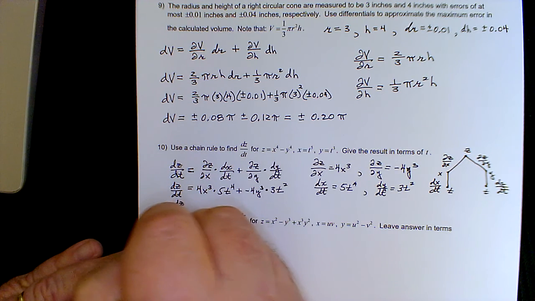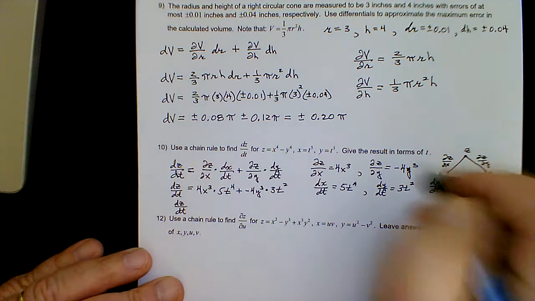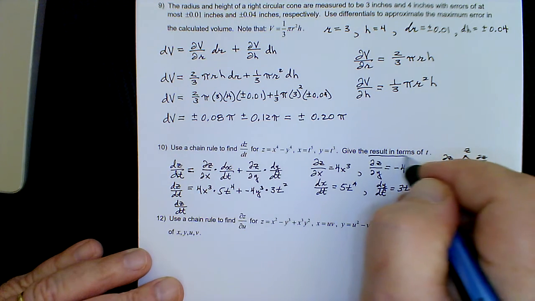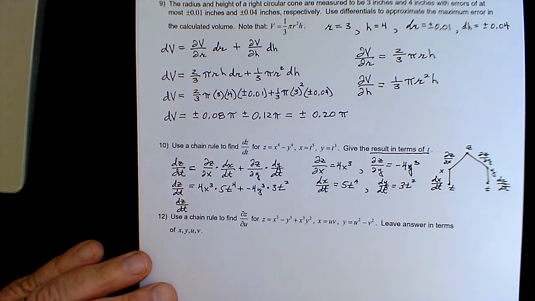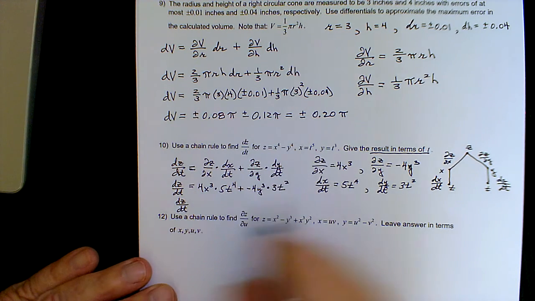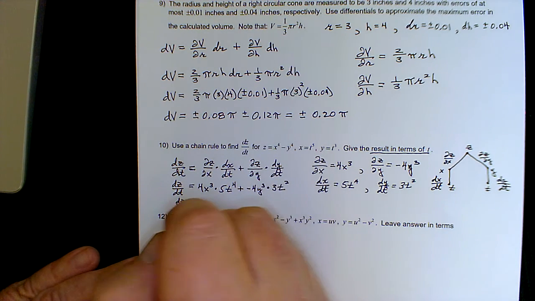But notice that the directions said to give the results in terms of t. So therefore, we're going to have to replace x and y by what they are in terms of t.